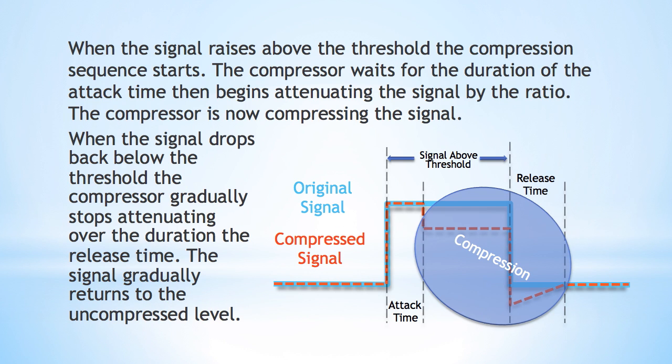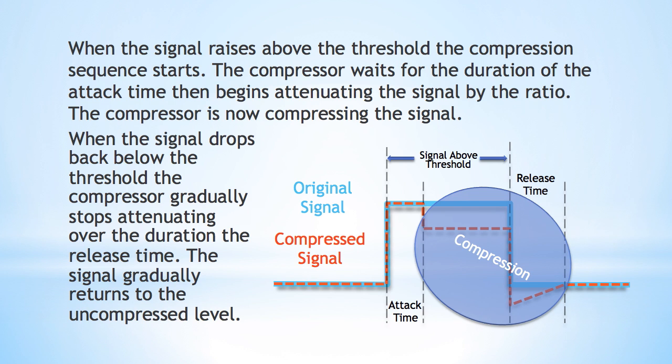So here is a little example of that. And this is really exactly what happens when a signal comes into a compressor. The signal rises above the threshold, the compression sequence starts. The compressor then waits for the duration of the attack time, then begins attenuating, or turning down, the signal by the ratio, which is the amount of compression that we set earlier.